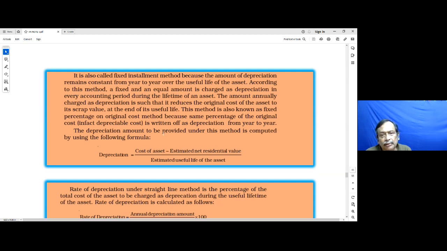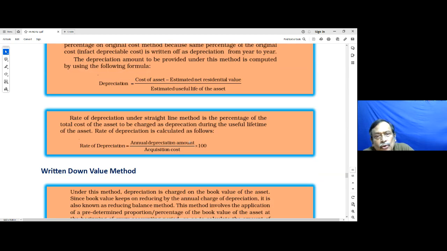The depreciation amount to be provided under this method is computed by using a formula. The formula is: depreciation is equal to cost of asset minus estimated net residual value, divided by the estimated useful life of the asset.